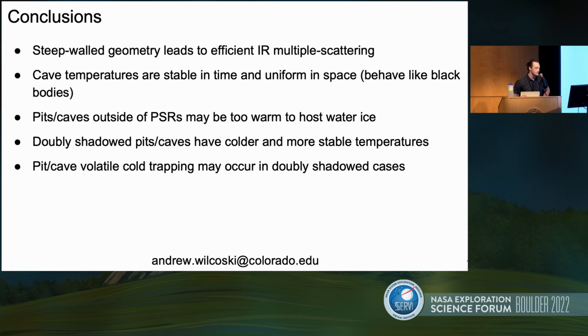And so volatile trapping may occur in these specific geometry cases. So these are important things to take into account, especially if you're planning a mission to one of these pits or cave environments and you're wondering whether or not you're going to encounter volatiles. So thank you.